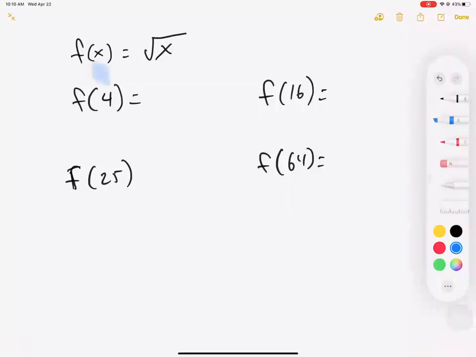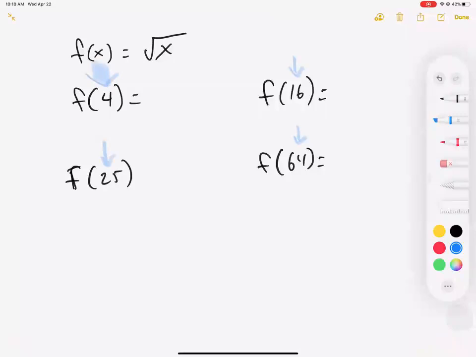Just a review: x became 4, x became 25, x became 16, x became 64.